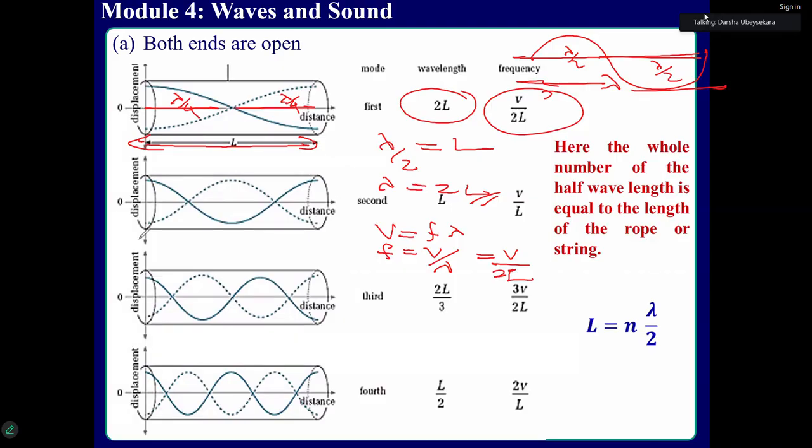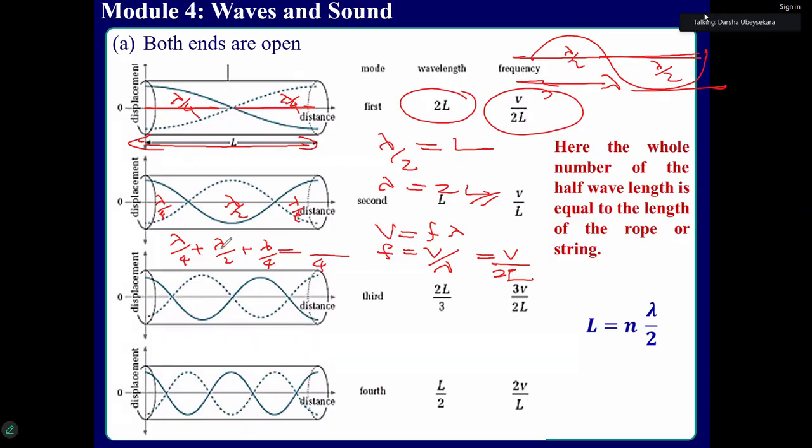So this way, we can count all these modes. For example, if this is lambda over 2, this one lambda over 4, this is again lambda over 4, you can add all these together: lambda over 4 plus lambda over 2 plus lambda over 4 will give you the final result.